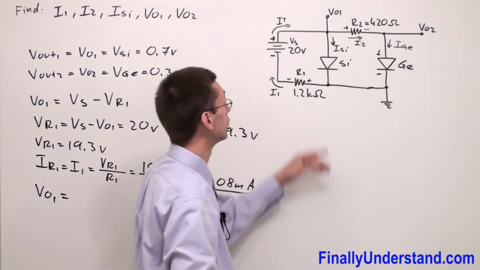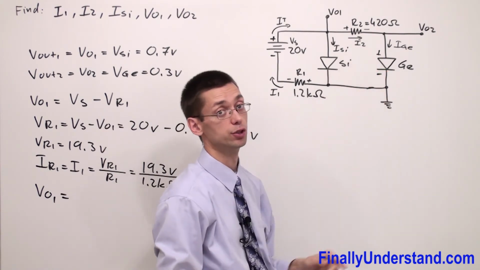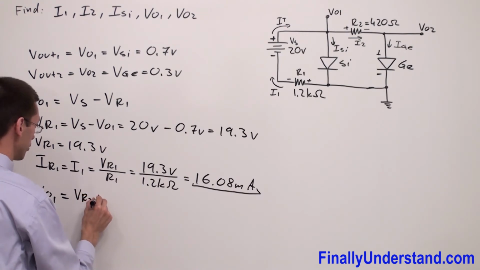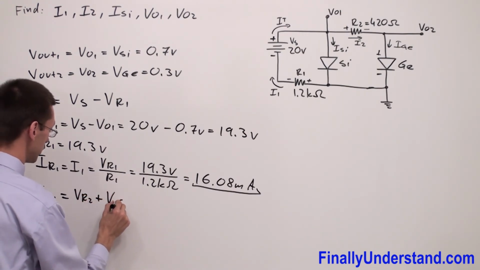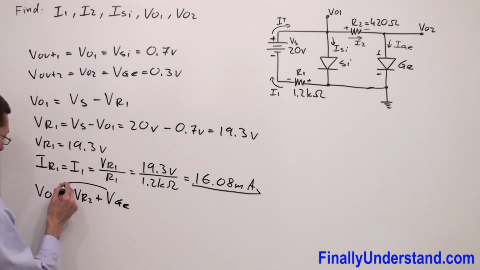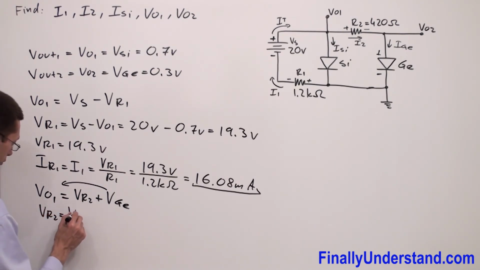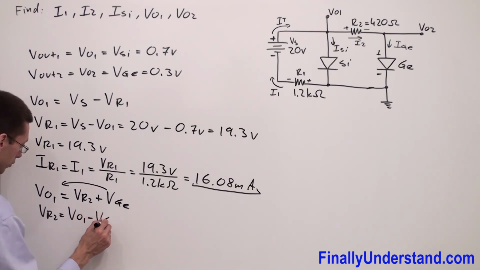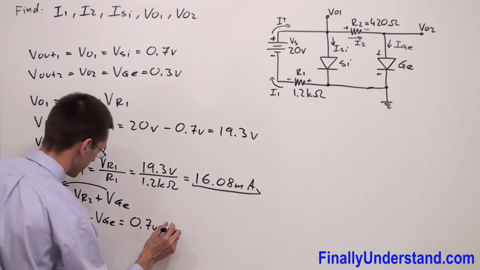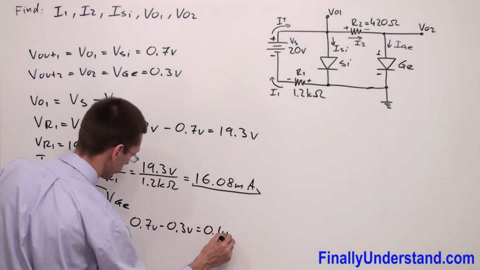So V out 1 is equal to positive VR2 plus VGE. But I'm looking for VR2. In order to find VR2, I have to move my VGE to the left side. So I have VR2 is equal to V out 1 minus VGE, where V out 1 is equal to 0.7 volts minus 0.3 volts, which is equal to 0.4 volts.